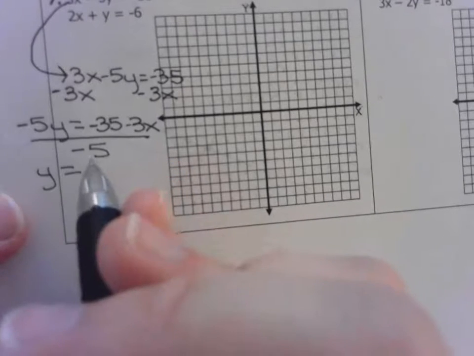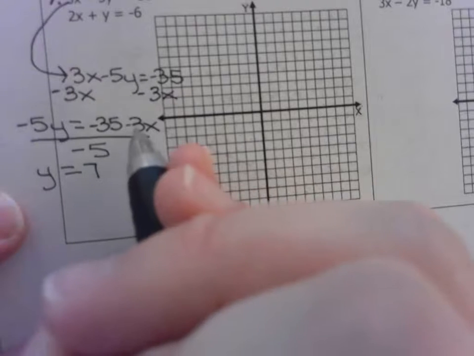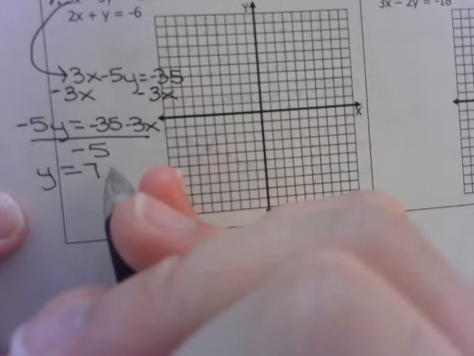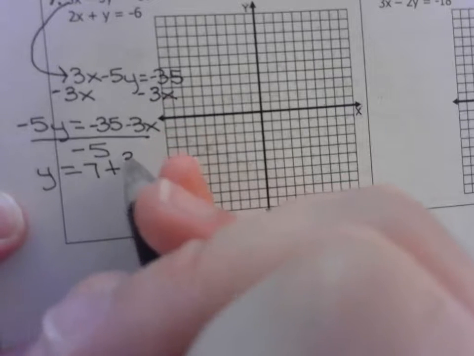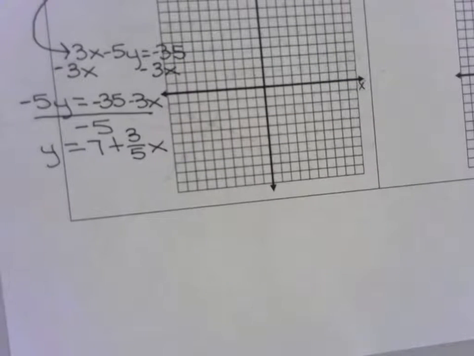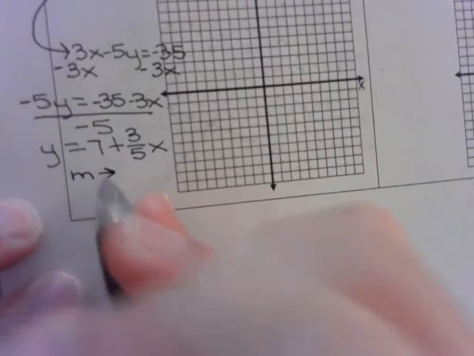Negative 35 divided by negative 5 is 7. Negative 3 over a negative 5 is positive, so just leave it as the fraction 3/5. If it doesn't divide out, keep it a reduced fraction. Any questions on that part? Okay, we need to find the slope and the y-intercept.